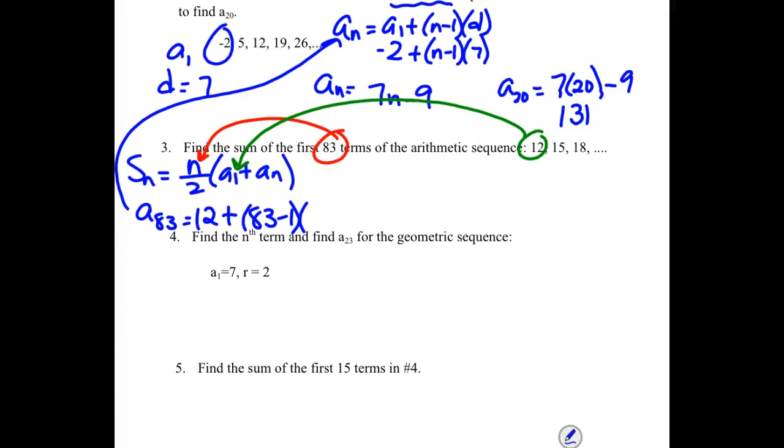What am I going up by? 3. All right, so let's calculate that. 12 plus 82 times 3. What do we get? 258? Okay, so we can now dump that in for our last term.